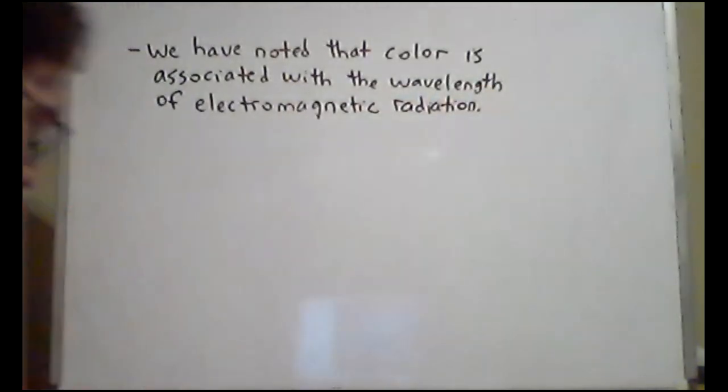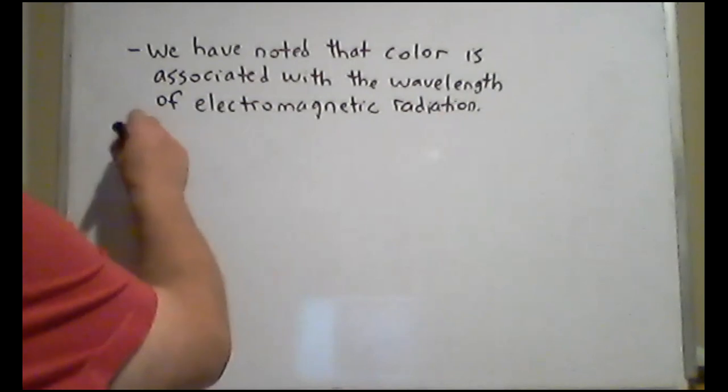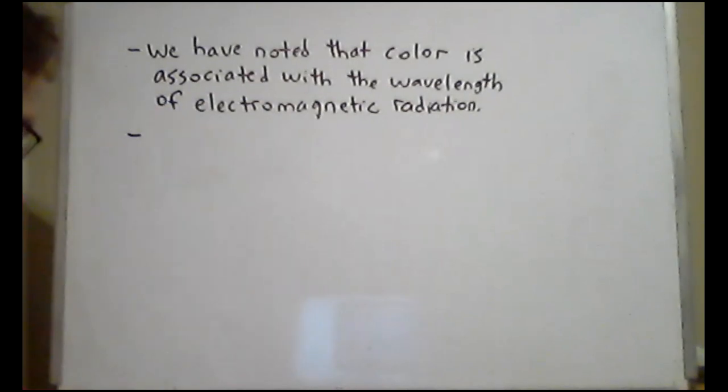Okay. First and foremost, that's the obvious. All right. So when our eyes receive pure wavelength light, we tend to only see a few of the colors.